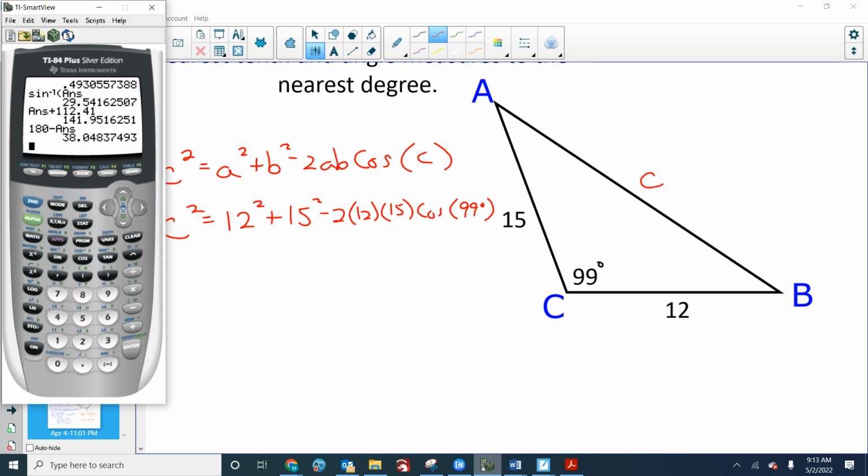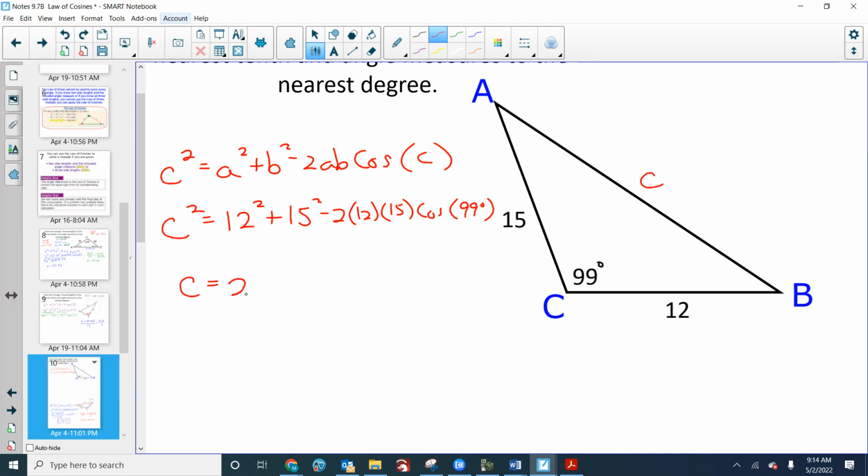So I'm going to type all that in. 12 squared plus 15 squared minus 2 times 12 times 15 times the cosine of 99. Don't forget to square root. I get 20.62.